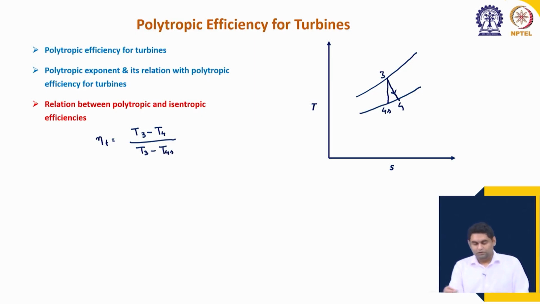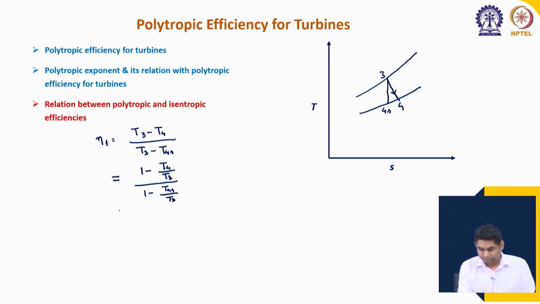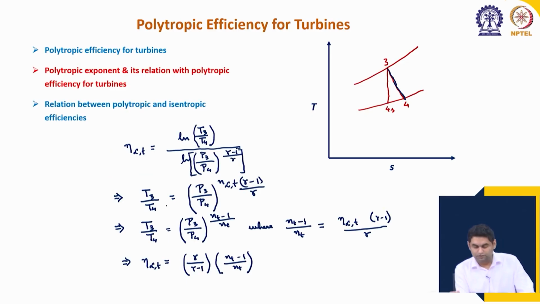So, this we can write by cancelling T3 from both the numerator and denominator. We can write this as 1 minus T4 by T3 divided by 1 minus T4S by T3. T4 by T3 is the actual process, and we know that they are related; in the previous slide we have defined that T3 by T4 is P3 by P4 to the power eta infinity T gamma minus 1 by gamma.